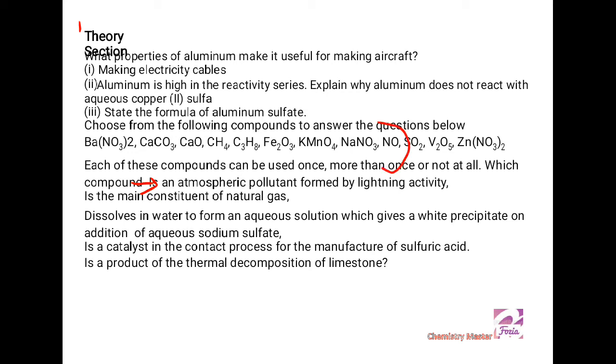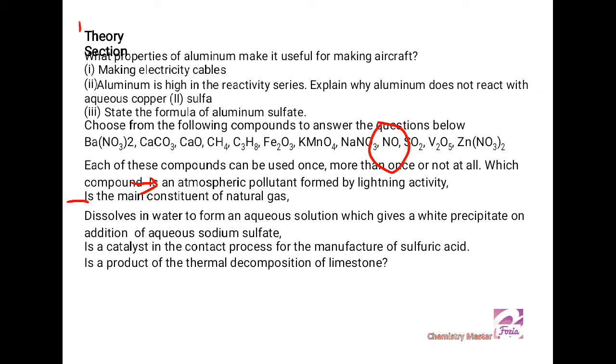It is none other than oxide of nitrogen, because nitrogen is present in very bulk quantity, 78% in the air. It is basically the solvent of the air because of its very high content. So when lightning happens, nitrogen is oxidized to make its oxides, and these oxides become the pollutant.